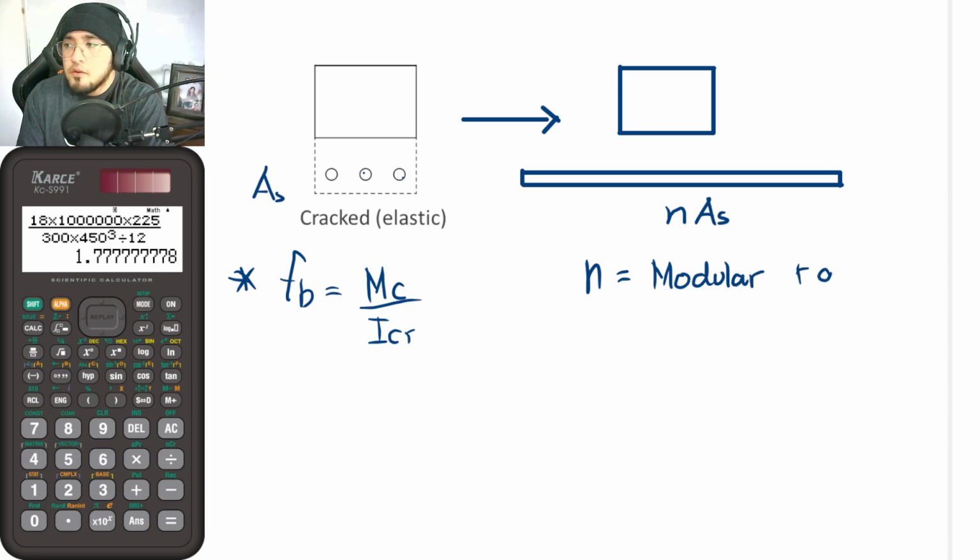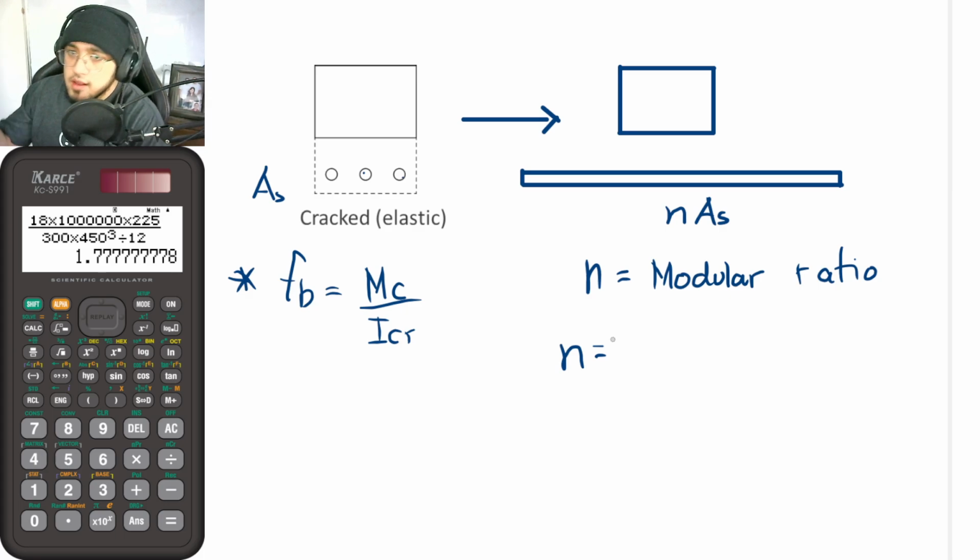The modular ratio n is equal to the ratio of their modulus of elasticity. If you divide the modulus of elasticity of steel by the modulus of elasticity of concrete, that is basically your modular ratio.